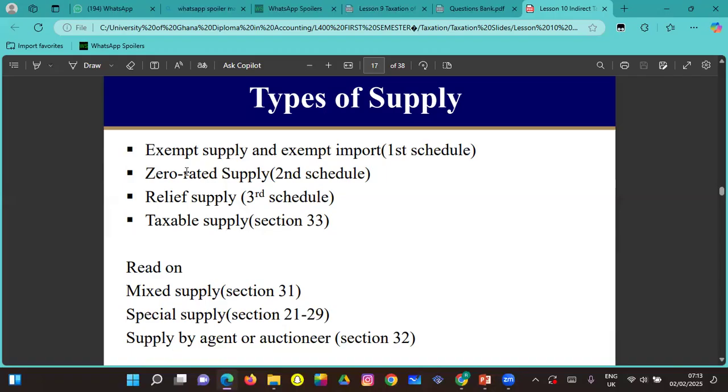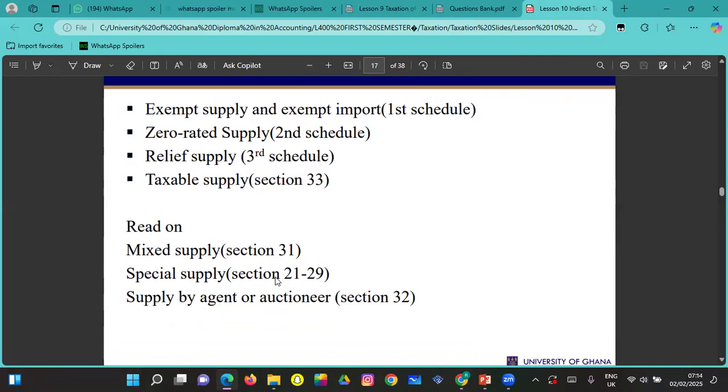So it is more or less like supplying items that are composite, combined together. The special supply is a specific type of supply that is treated differently, like the zero rated supply and the like. And then the supply by agent or auctioneer is where goods are supplied by an intermediary.